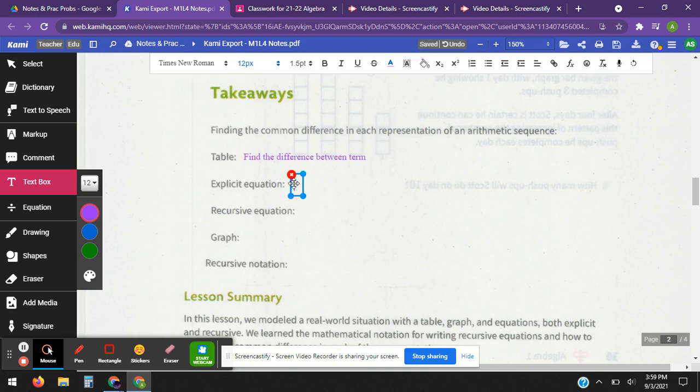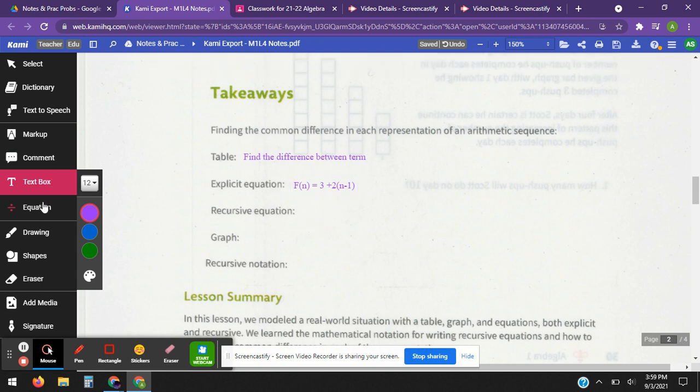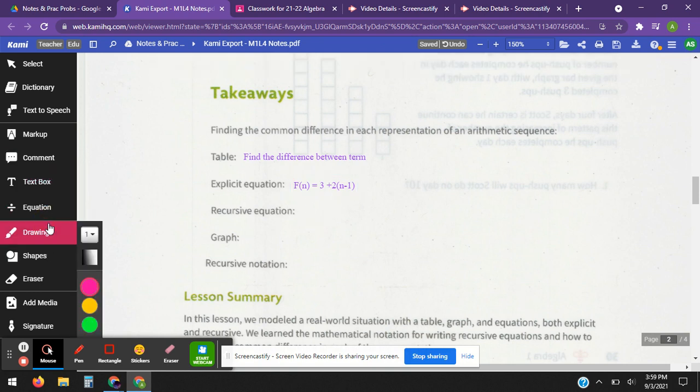Our explicit equation is f of n equals, we said our constant this time was 3, and then we added 2 each time, but it wasn't as many 2's as the term number, so we had to take 1 away. That means our recursive, I didn't draw for this one.